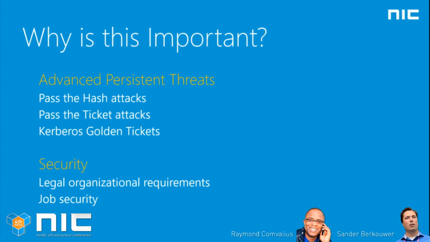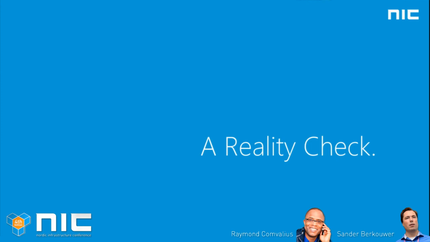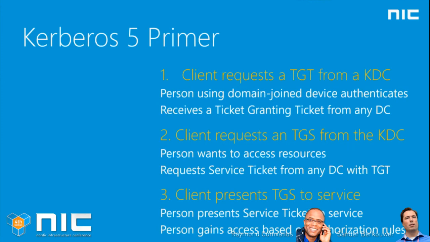And it's actually by creating your own Kerberos token because you know the central secret of your Active Directory. So let's go back first to how Kerberos works before I show you how that works.